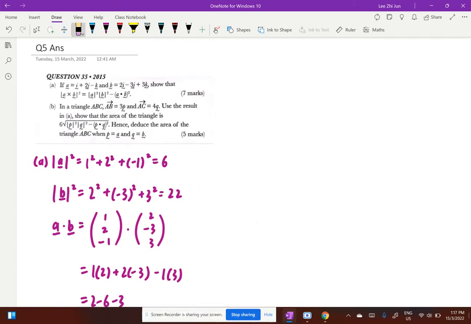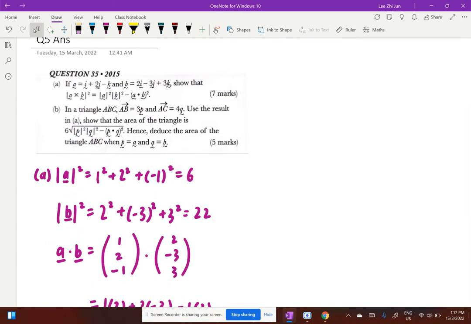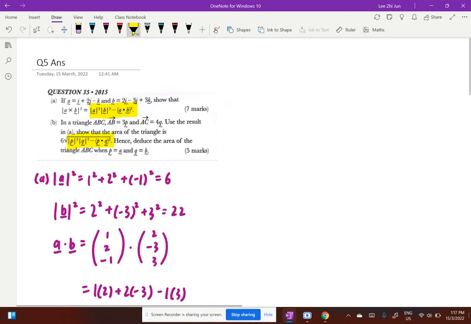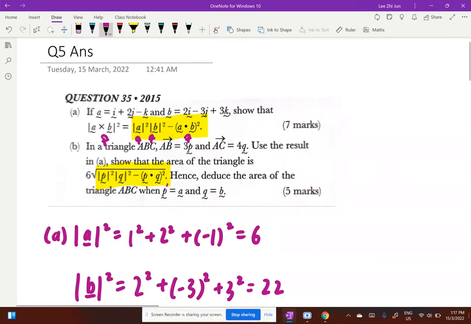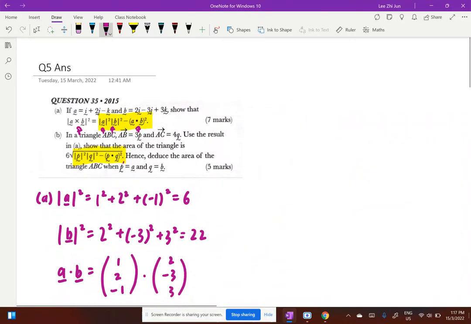Because it gives the A and the B, for easier work, just straight away sub the values. I need to find the value of each thing: this A squared, this B squared, this dot product squared. All this need to find out, and then compare it.